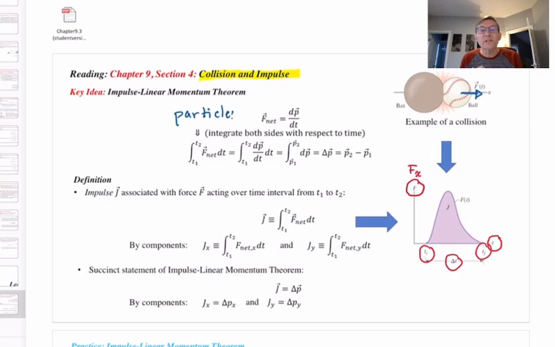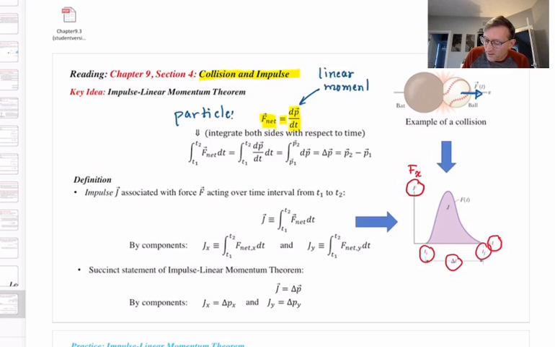This new form of Newton's second law for a particle is that the net force on the particle, that sure sounds like Newton's second law, equals, but instead of ma, we have the derivative of the linear momentum with respect to time. Remember, little p represents the new physics quantity that we introduced in the previous lecture.